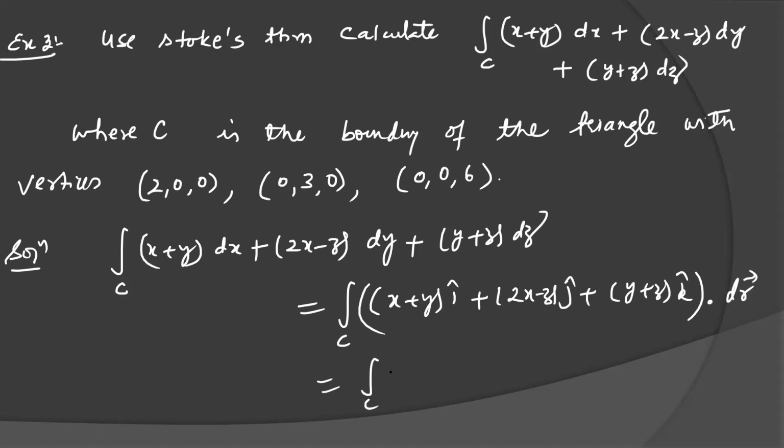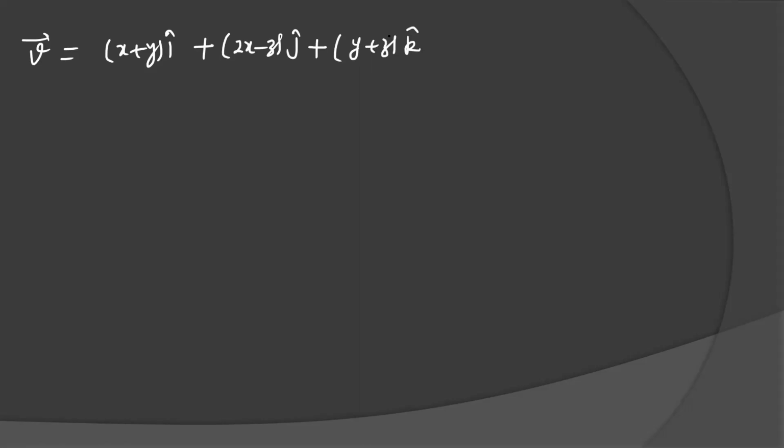If you compare with v dot dr, v vector is actually x plus y i, plus 2x minus z j, plus y plus z k cap. Here verification is not asked, so we will use Stokes theorem directly. So I'm going to find the curl of v.